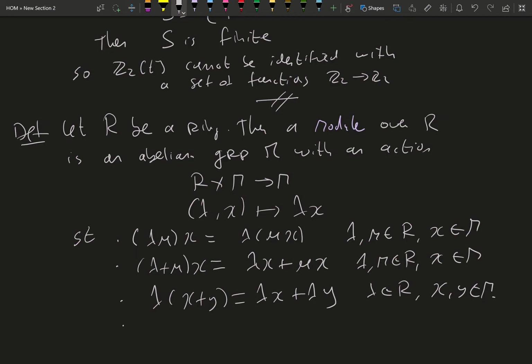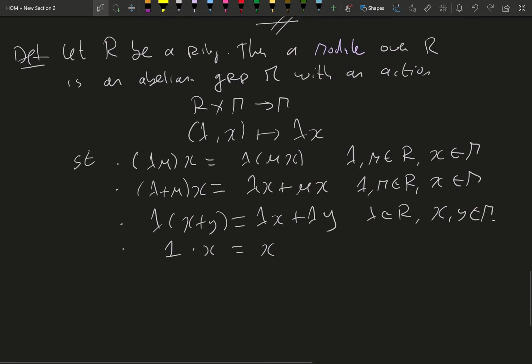And finally, 1 times x is just x for 1, the neutral element in R.